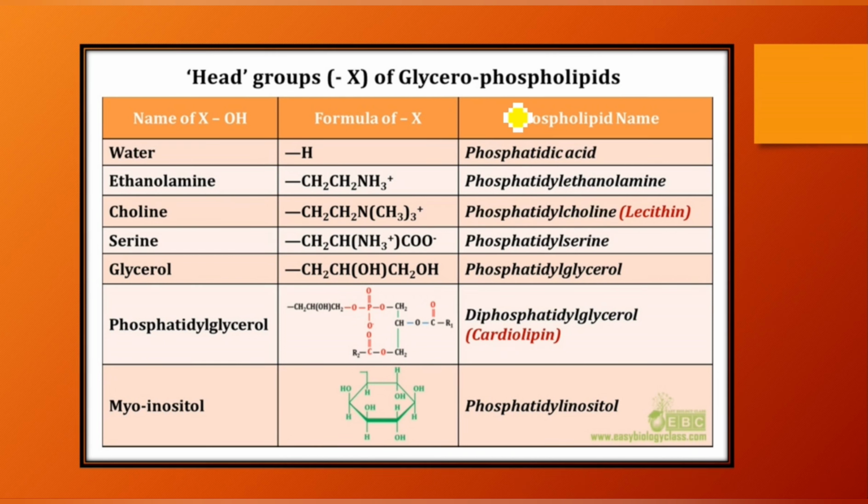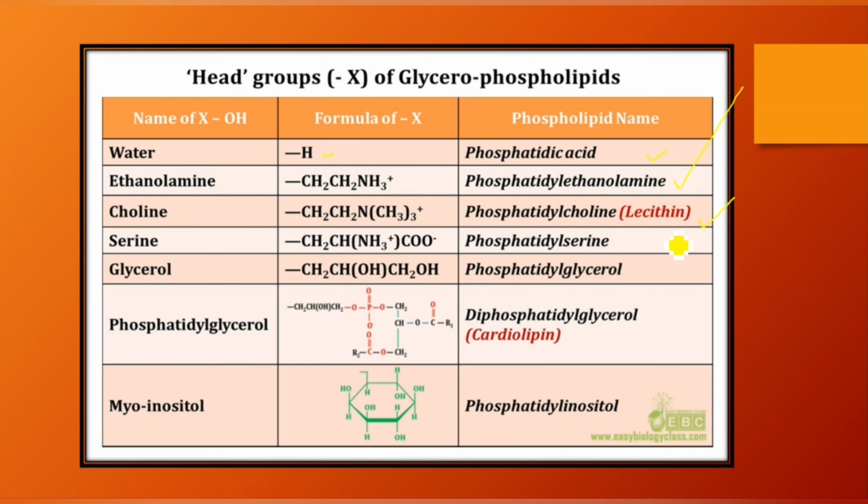So in this table we can see head group X of the glycerophospholipids. Here we can see glycerophospholipids. This is an alcohol. This is an X group. So the alcohol may be of these types. If in place of alcohol, only hydrogen is attached, it is a phosphatidic acid.